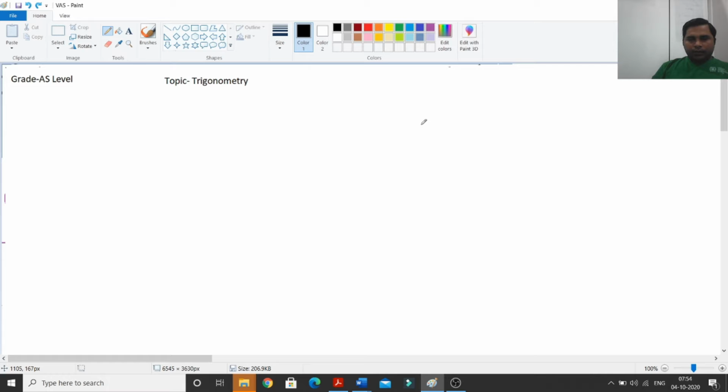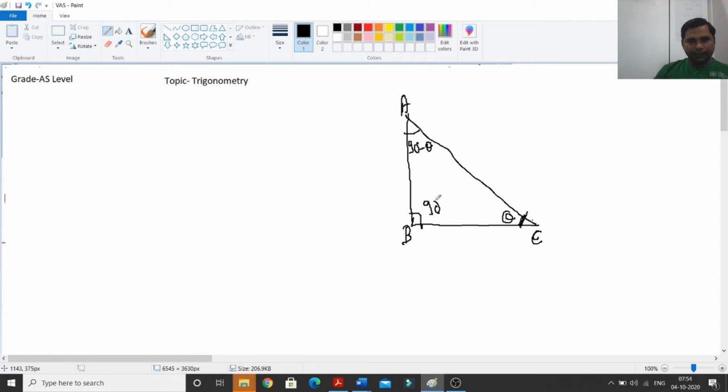So let's take a right angle triangle. It's A, B and C. And if this angle is theta, this angle will be 90 minus theta, right? Because this is a right angle triangle, 90 degree.